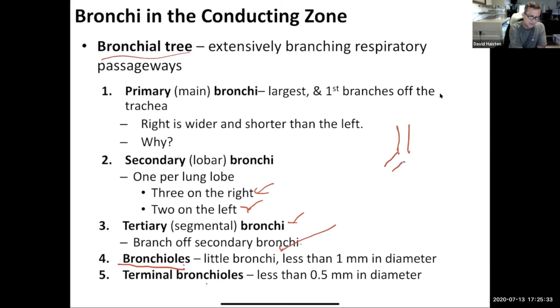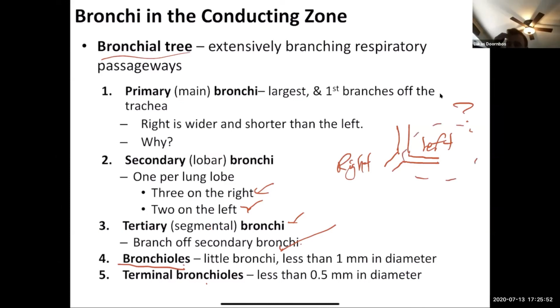The left bronchus is longer and not angled so steeply down. So this is left and this is right. Why is the left one like this? Is it because it has to go around the heart? Yeah, the heart's right there. That's it.